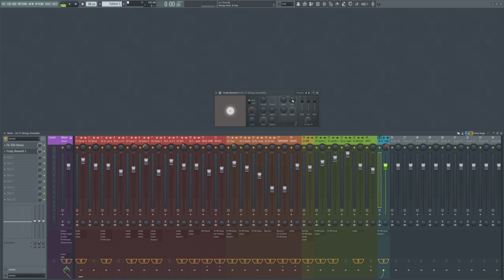The key factor here, if you pay attention to my mouse right here, is the decay. I set it to the fastest decay so that it's not going to sound like it's reverberating all over the place. As I've said earlier, this is only to spread the stereo imaging of the strings, basically.